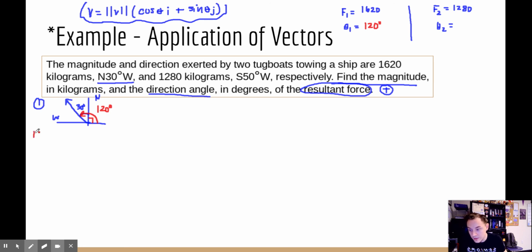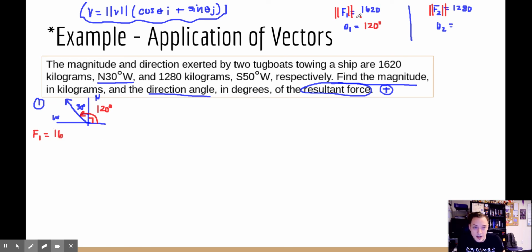Well, I do F of 1. I'm going to use this formula, but I'm going to rephrase it as it were. So I'm going to find F of 1, my vector of F. I should be saying that this is your magnitude. So your first force of the tugboat, you're going to use your magnitude that they're giving you, so 1620.